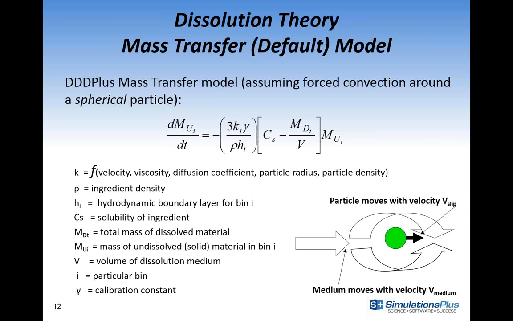Other important variables to note are the hydrodynamic boundary layer for the particle, sort of the stagnant fluid layer that sits around outside the particle, the solubility of the ingredient. So knowing the pH solubility profile is key in predicting the dissolution rate. And then also the mass of undissolved material. And that is all used to calculate the change in mass versus time, or the dissolution rate.